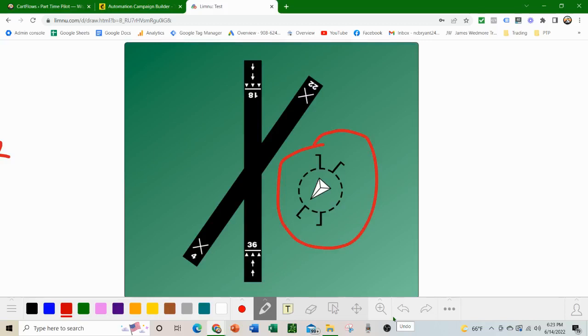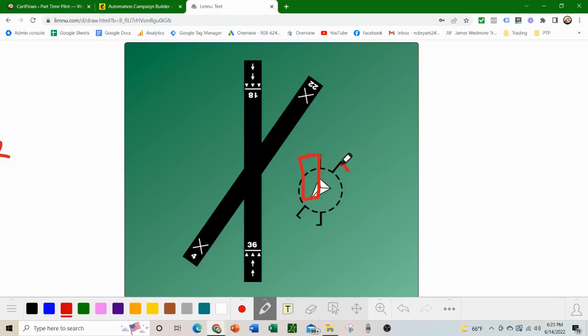So the way you answer this question, if you see a question like this in the FAA written, you want to just draw out the full traffic patterns based off these L shapes, right? So this traffic pattern would be like this, right here.